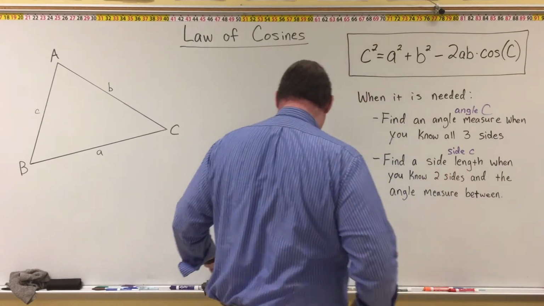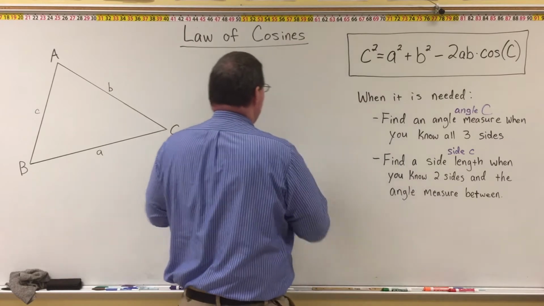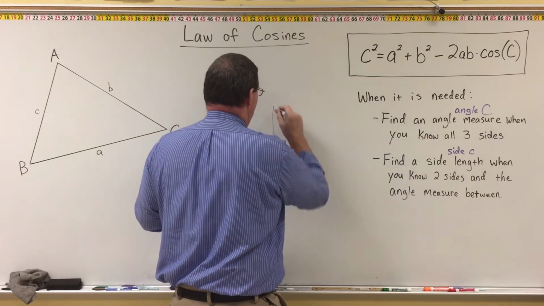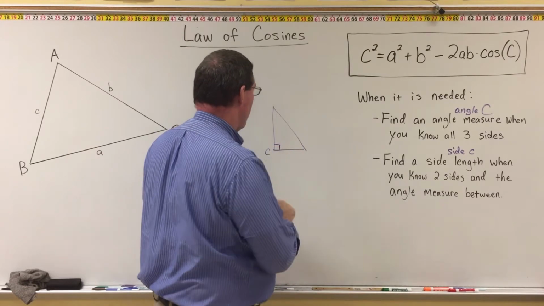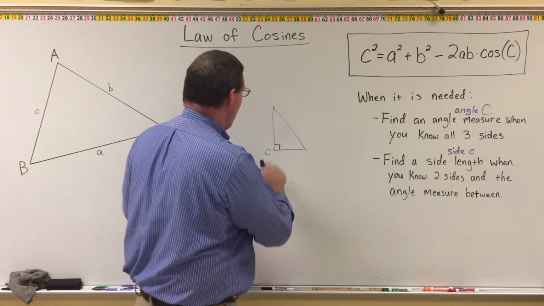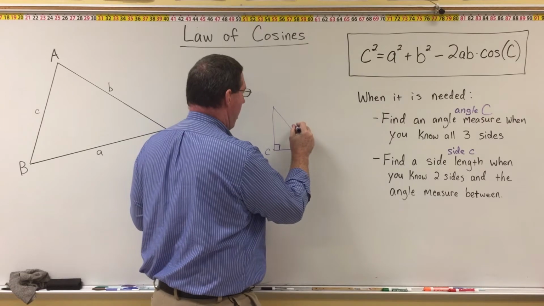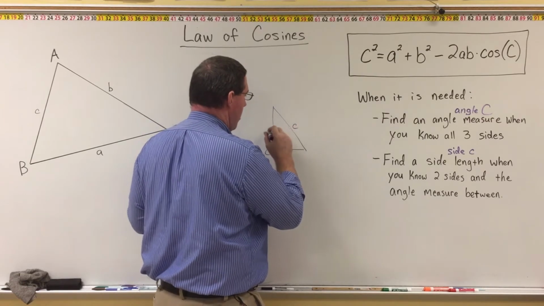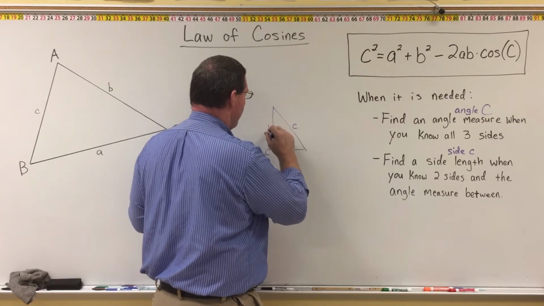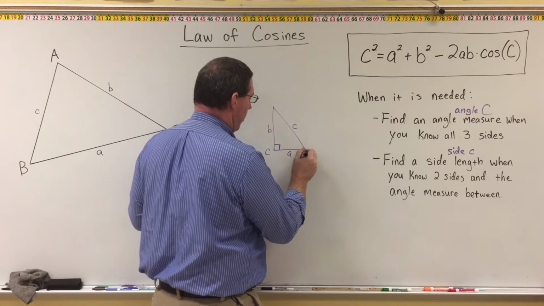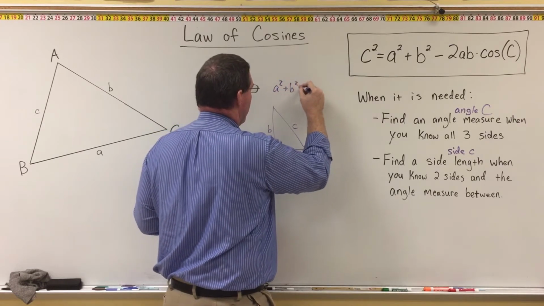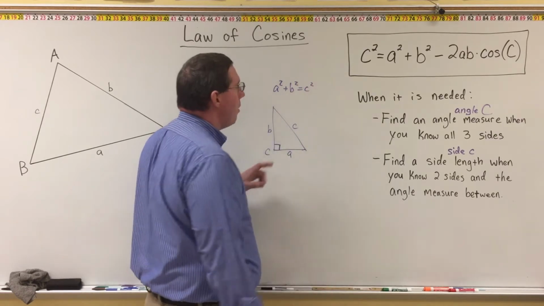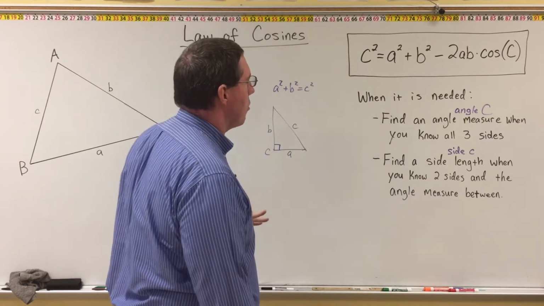Let's say that we had a right triangle, and the right angle is angle C. Then the opposite side is side C, and we can call the other sides A and B. So we know that in a right triangle, A squared plus B squared equals C squared. You say, yeah, but what about the minus 2AB times cosine of C?